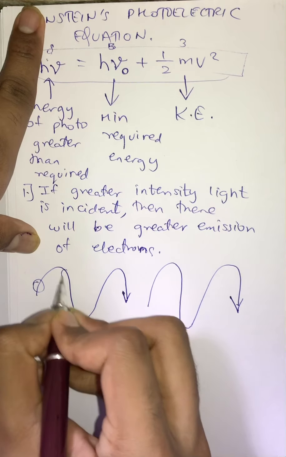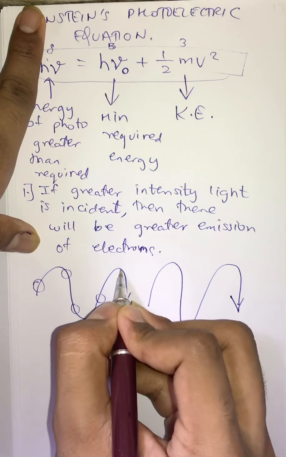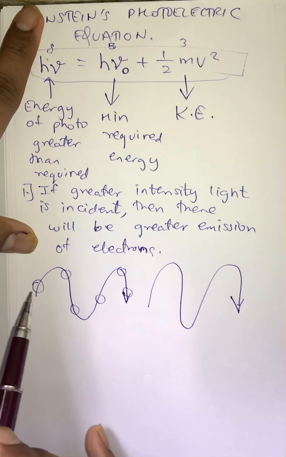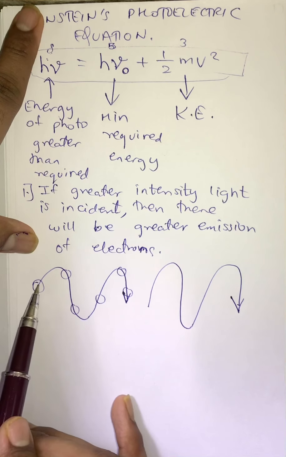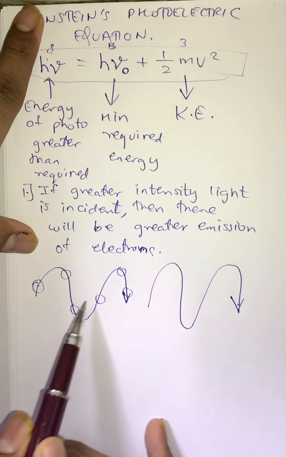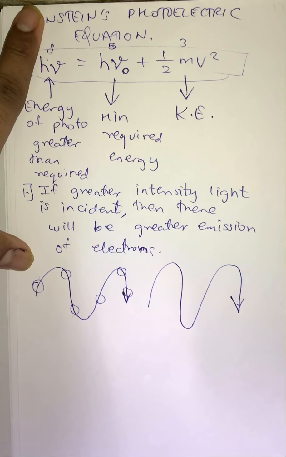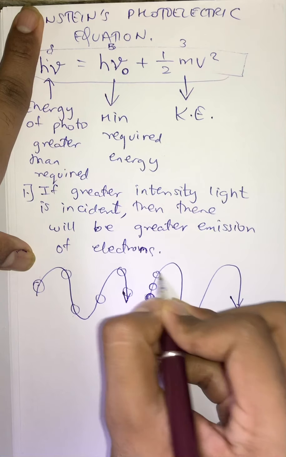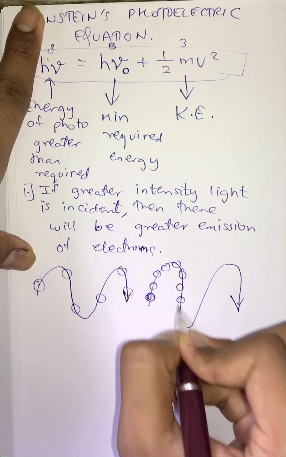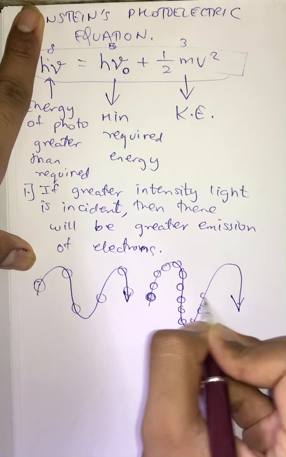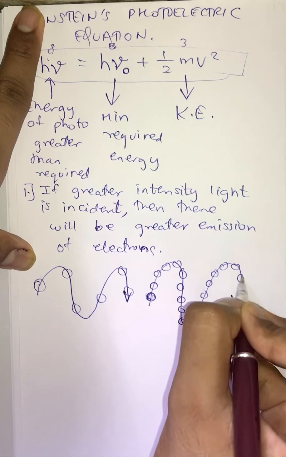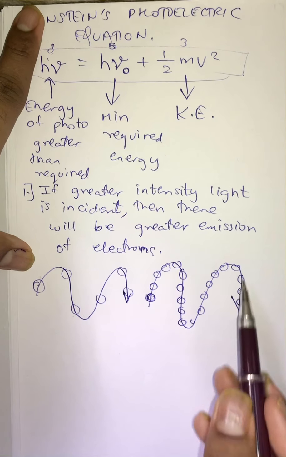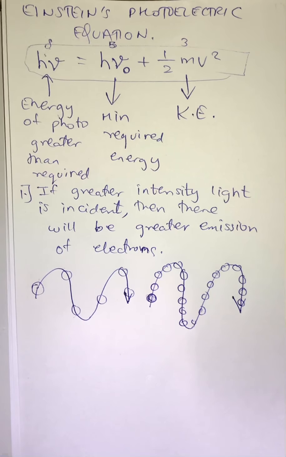Suppose there are photons here, here, here, here. Can you observe one thing in this wave, that the photons are very far away from each other. Whereas we consider another wave with greater intensity. And what is the meaning of greater intensity? That is, the number of photons is large. There are many photons very close to each other.